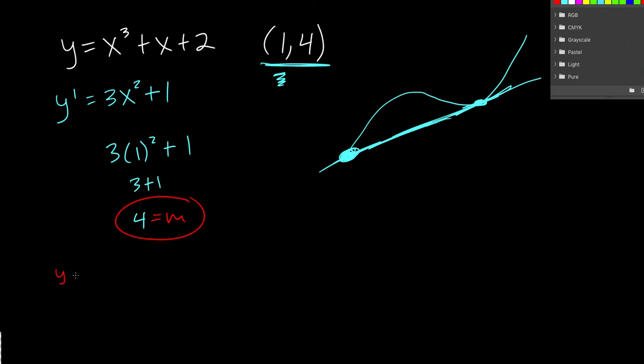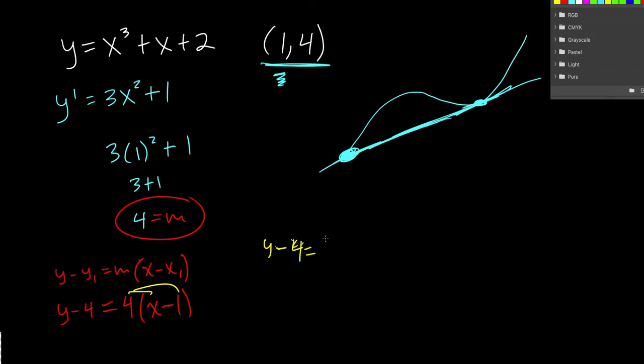We're going to plug it into y minus y1 equals m times x minus x1. So I plug these in. y minus 4 equals my slope, which is 4, times x minus my x value, which is 1. Distribute. So we get y minus 4 equals 4x minus 4. Add 4, add 4. So y equals 4x.